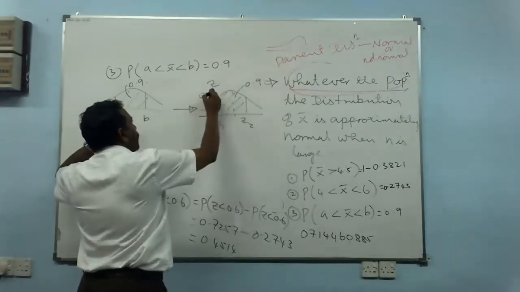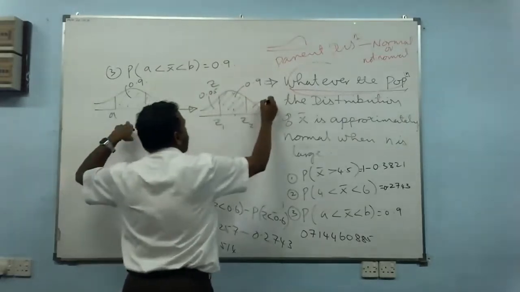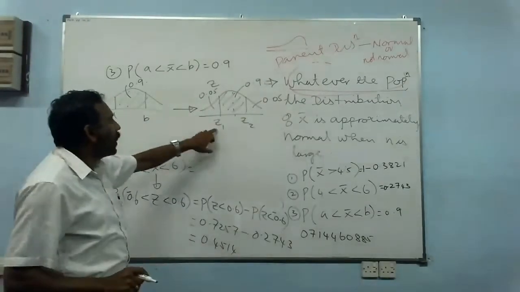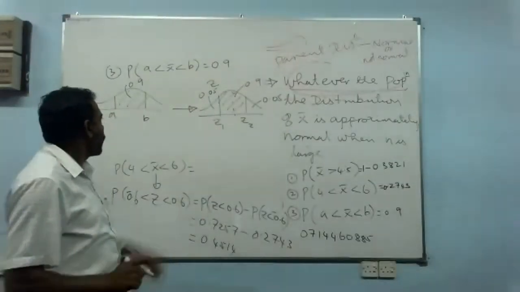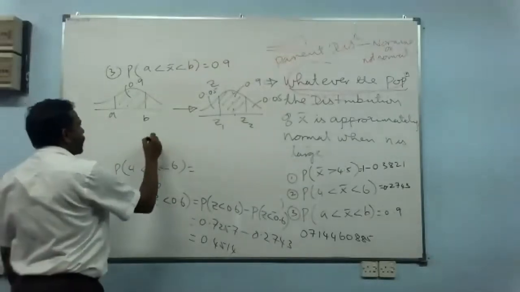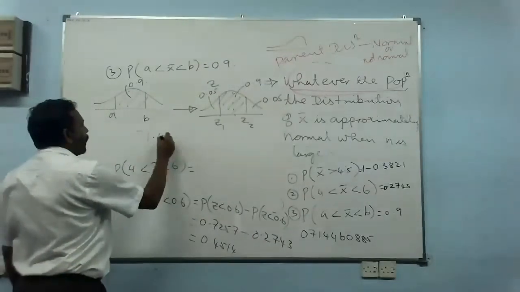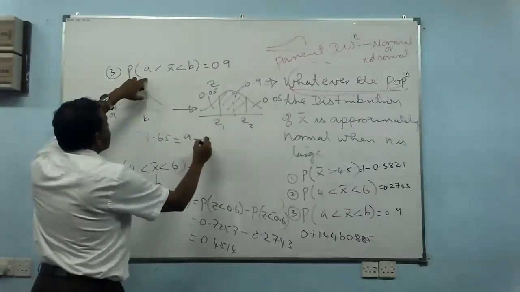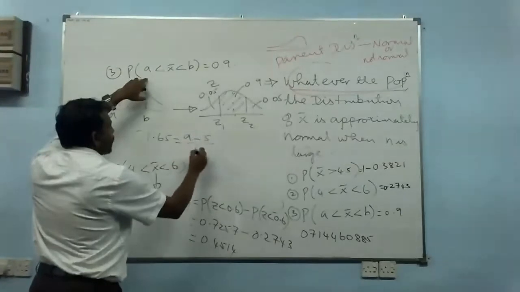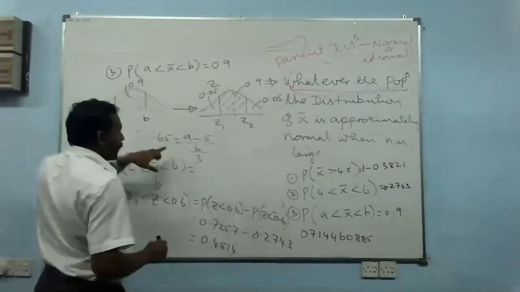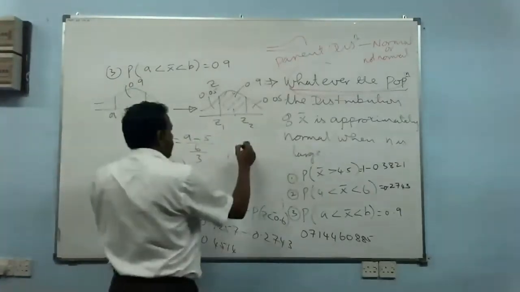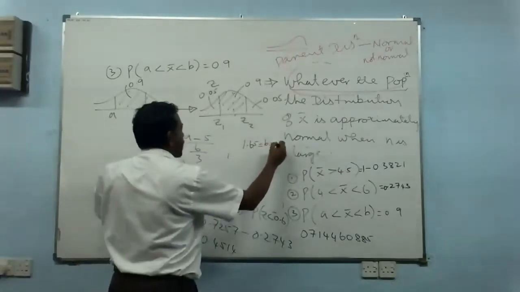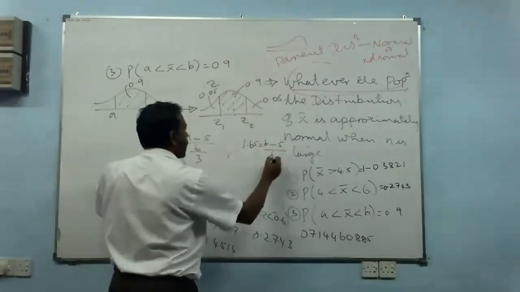This area is 0.05. Now minus 1.65 is equal to the conversion of A minus 5 divided by 6 divided by root 30. Solve this. And similarly, plus 1.65 is equal to B minus 5 divided by 6 by root 30.